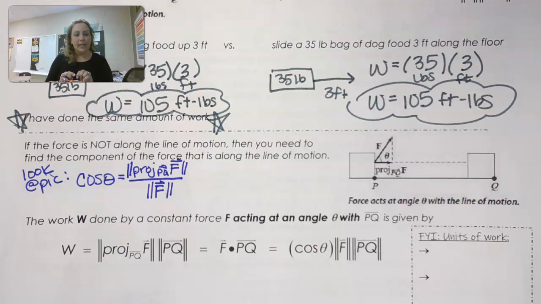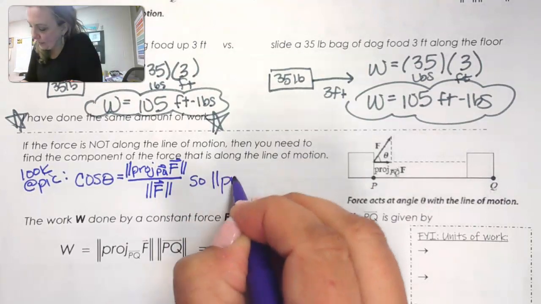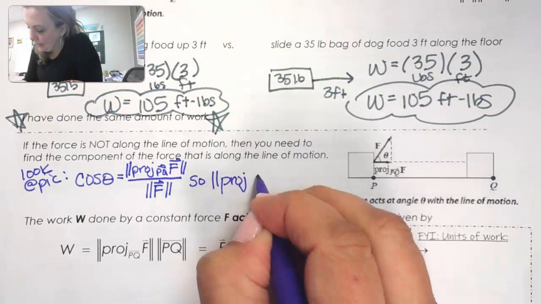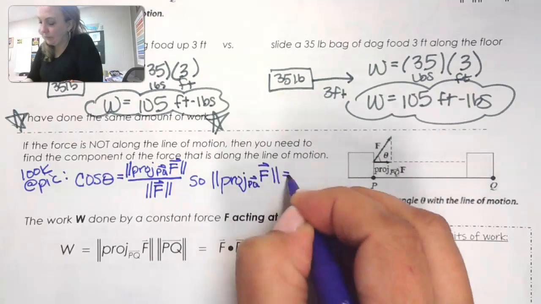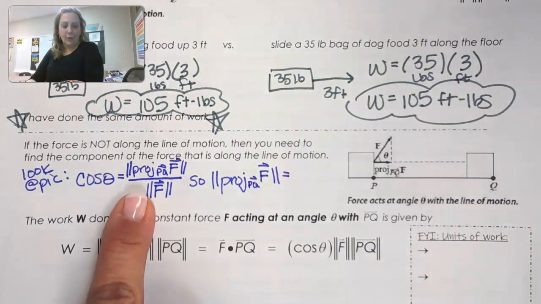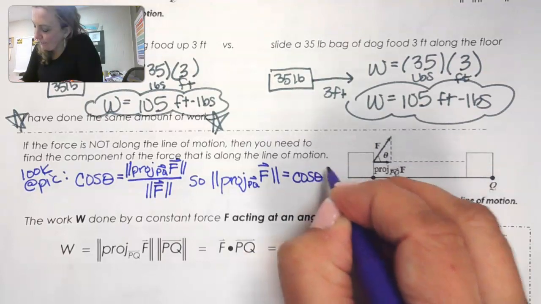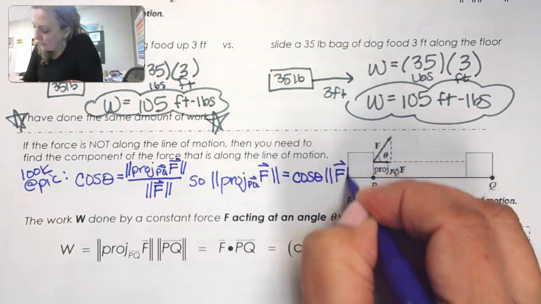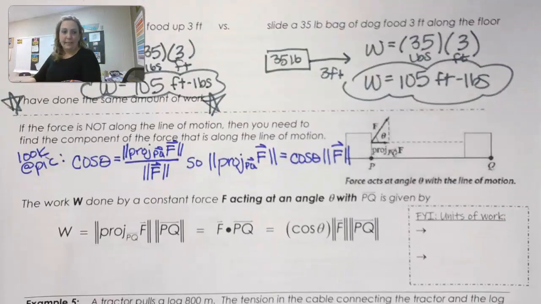And so when we look at the projection, so let's say I wanted to write an expression for the projection of F onto PQ, I could manipulate this equation around and say that this is going to be the same as the cosine of theta times the magnitude of F. So what this means is that this just helps us get some of these different formulas.